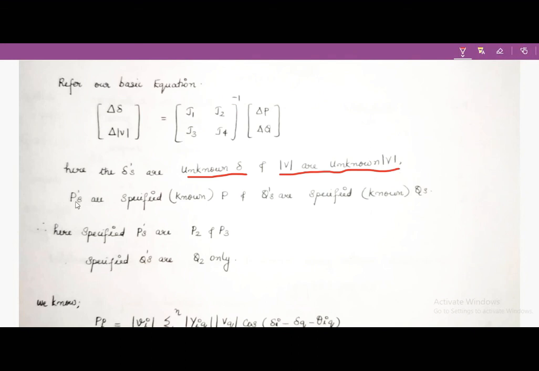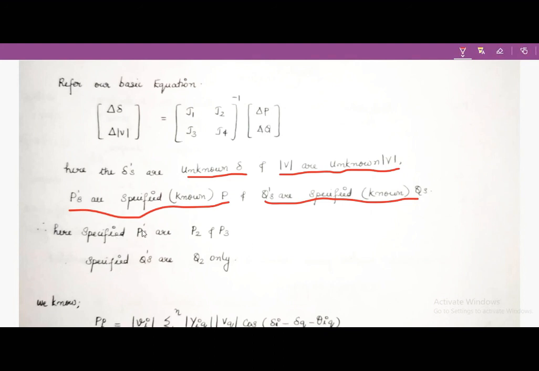Now P, that is the active power, and Q are the specified or known values. That means you should remember that here you will be writing all the unknown parameters, or the parameters to be calculated, and here you will be writing all the known or given parameters. I hope this is clear.